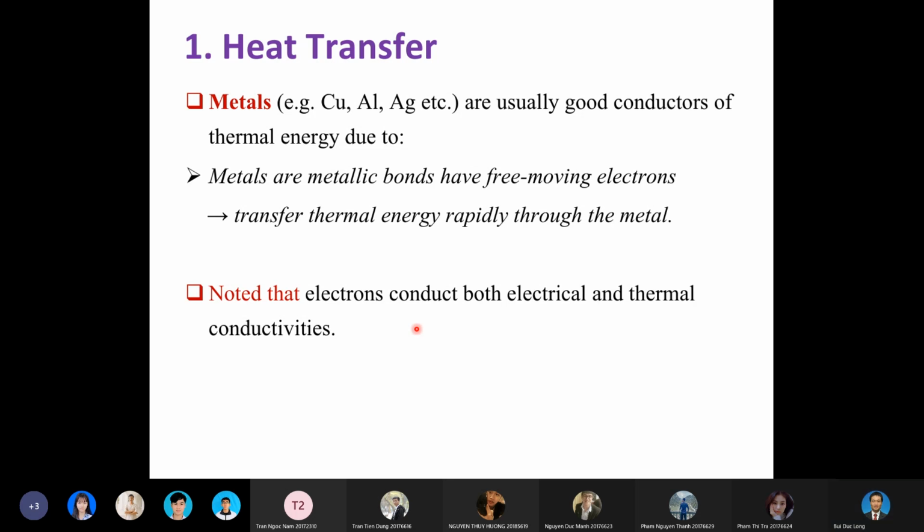Why? Both are solid objects, right? But heat transfer in copper is much higher compared to ceramic. Anyone know why?